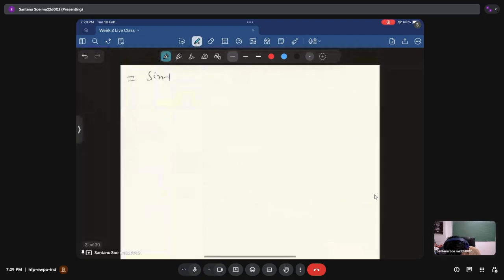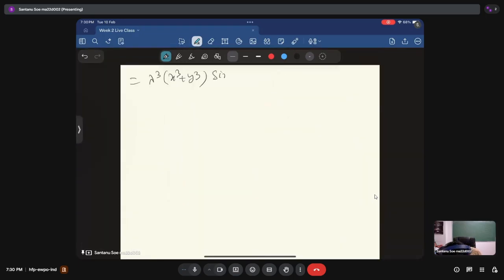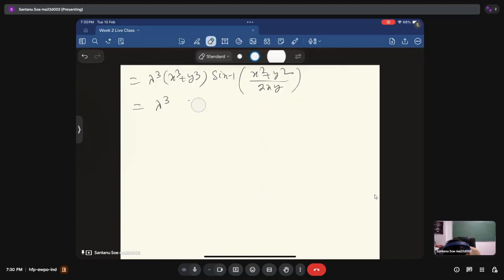So this is going to be lambda cube times x cube plus y cube sine inverse of x square plus y square by 2xy. So this is nothing but lambda cube times u of xy.